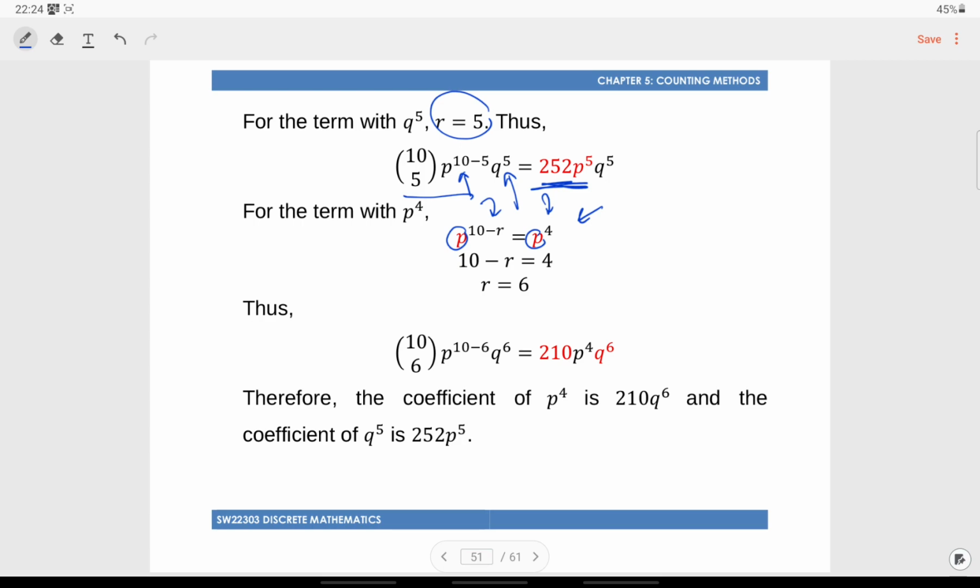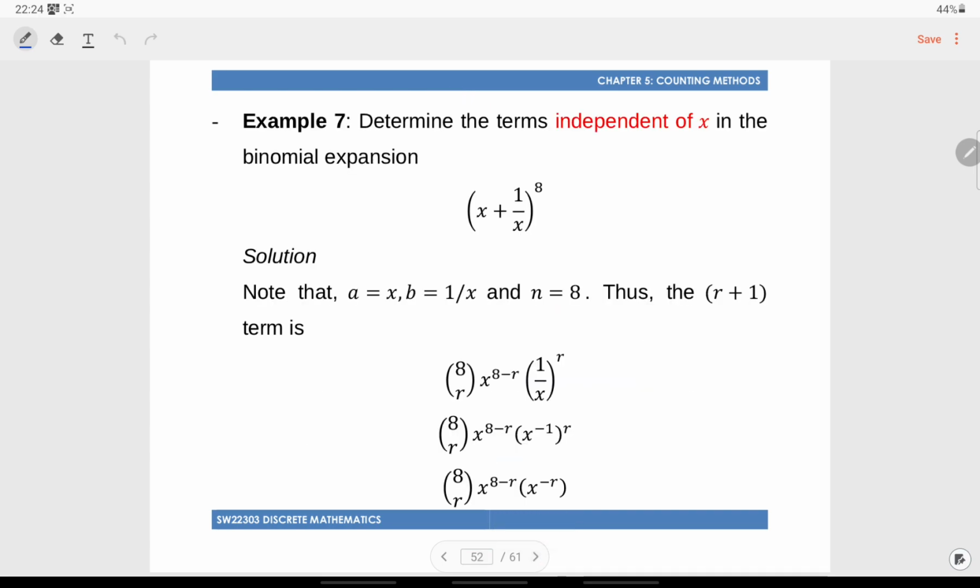We insert this into the equation, and then we obtain the coefficient for P4 as 210Q6. And don't forget to conclude your answer, because the question asks for the coefficients, not the whole term. So you need to provide the coefficients in order to complete the answer.